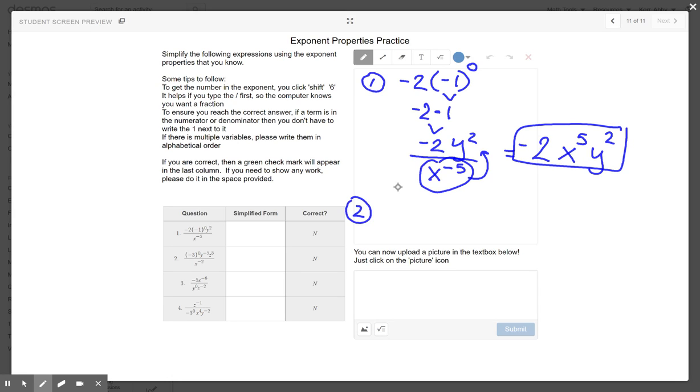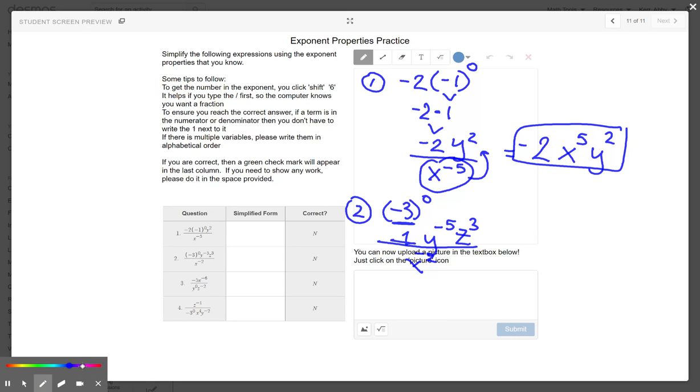Number 2, let's look at that negative 3 raised to the 0 power. That negative 3 is inside, so that's going to be a 1. So then we have y to the negative 5, z to the 3rd, over x to the negative 2.